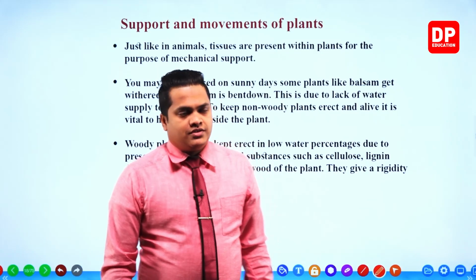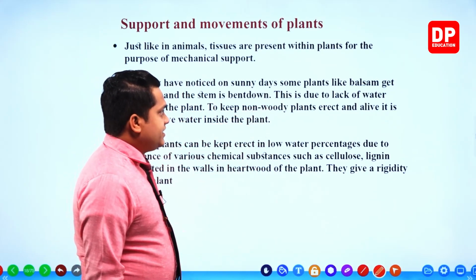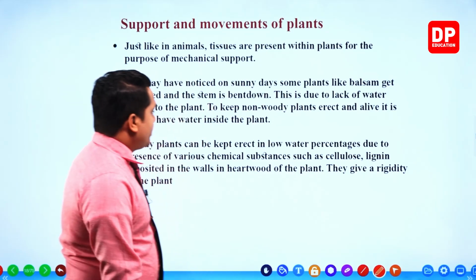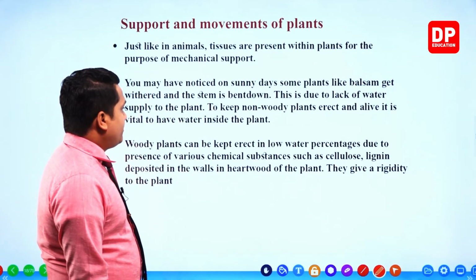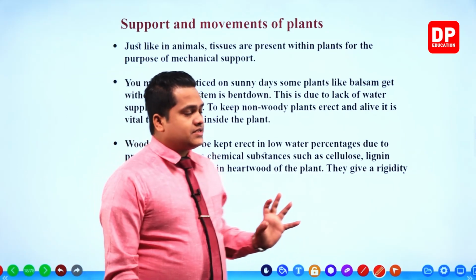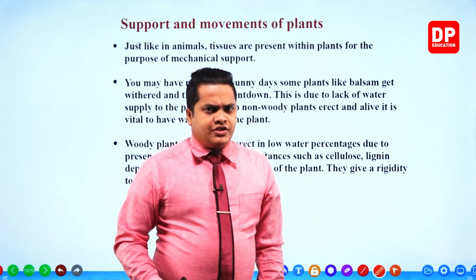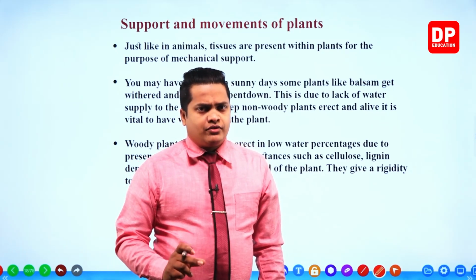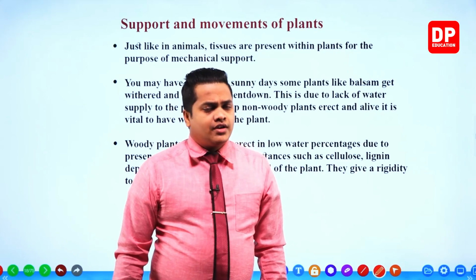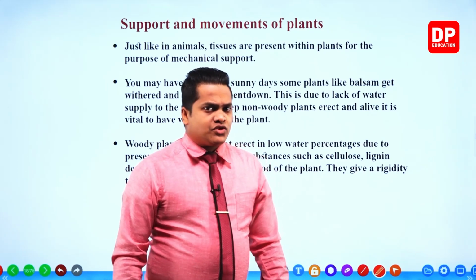Here the definition is given: this is due to lack of water supply to the plant. So non-woody plants like balsam and bryophyllum keep the plant rigid by filling water into the cells within the stem. Okay, then the next one.